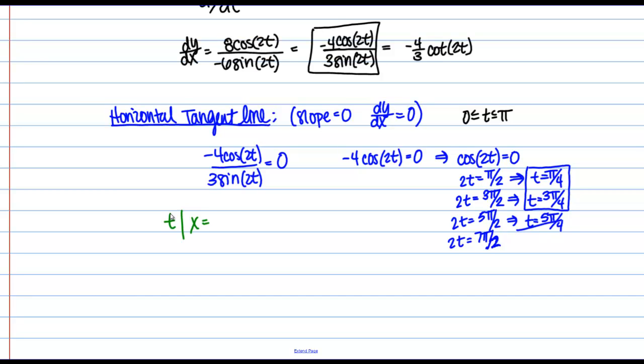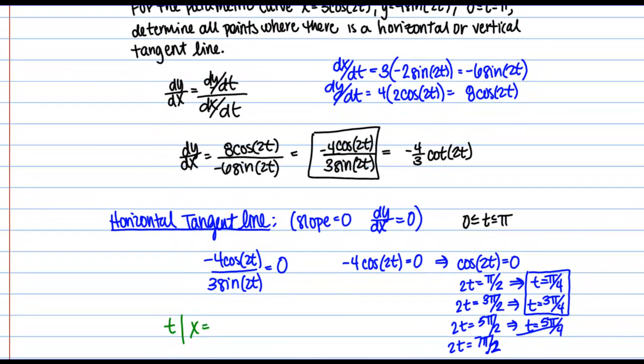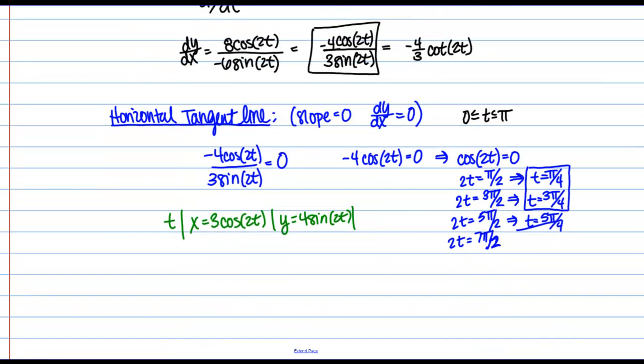So x is given by, if I scroll back up here, 3 cosine of 2t, and y is given by 4 sine of 2t. Okay, and I have t values of pi over 4 and 3 pi over 4 that I'm interested in.